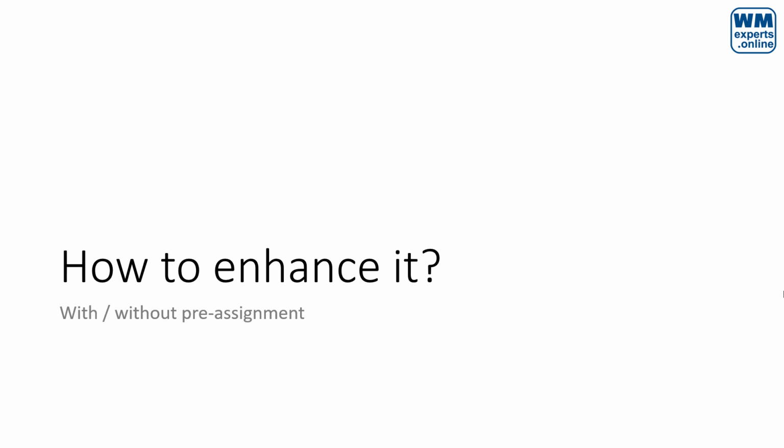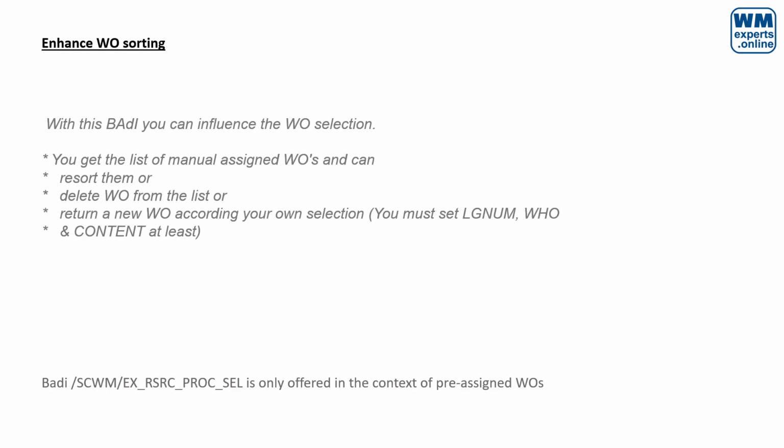A quick look into how you can enhance the sorting logic here with or without pre-assignment. And there is actually only one possibility that I found, and I guess that is actually the only one that you can use to directly influence the sorting, which is BAdI SEWM X RSIC PROS CELL.